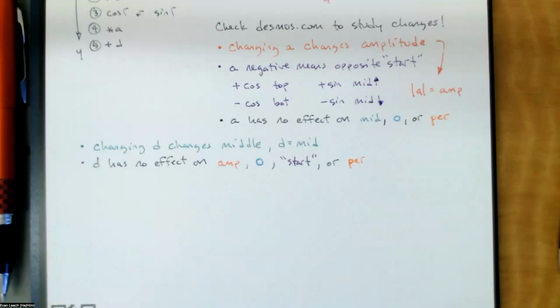What we want to notice is that A and D are both vertical things. The middle is changing vertically, and the amplitude is changing vertically. A and D are vertical changes.